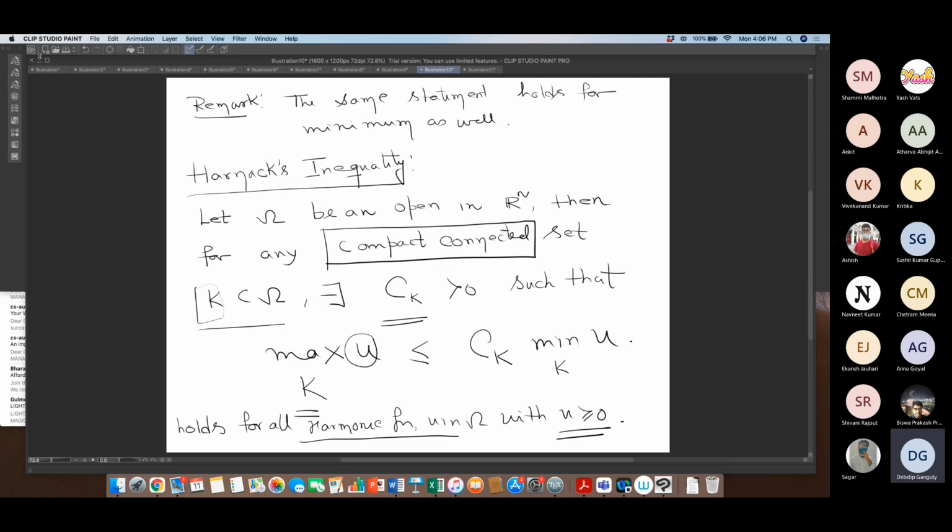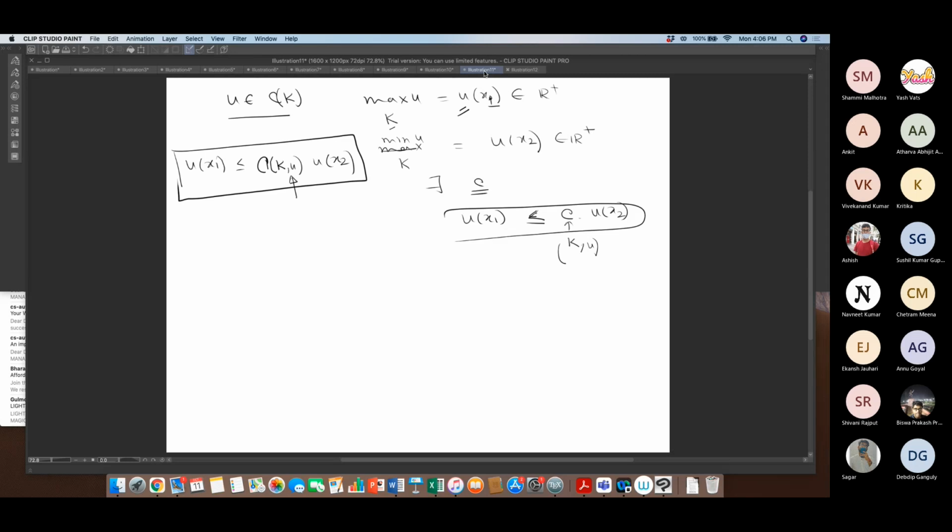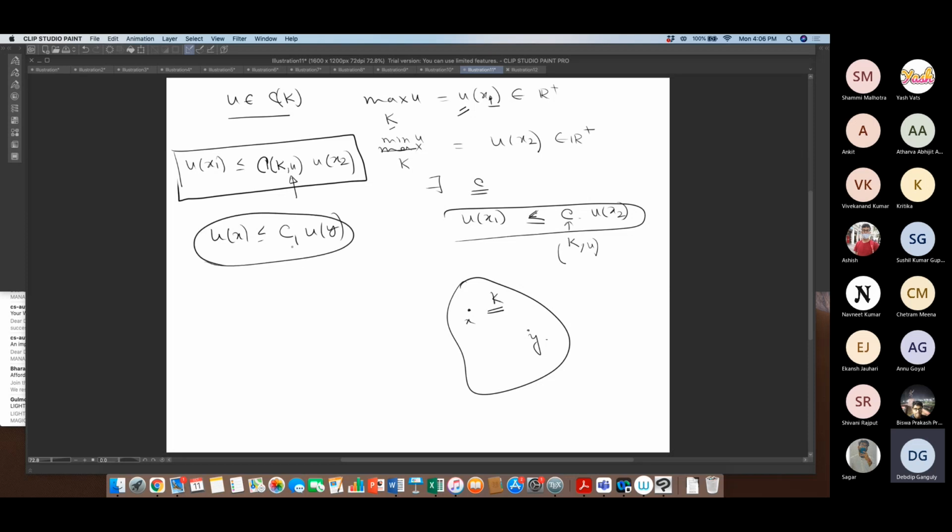If you take some compact set k, then for any point x and any point y, there always exists a constant c which only depends on the compact set, not on the function u, such that you can always write u of x is less than c times u of y. This constant c does not depend on the function u. This is the most important part.